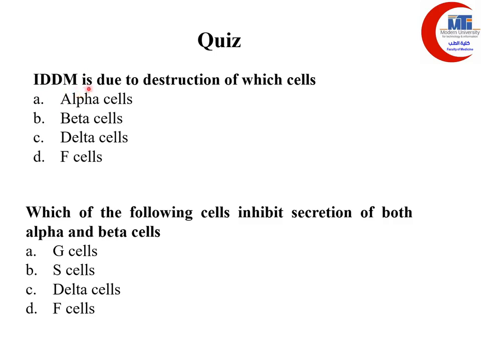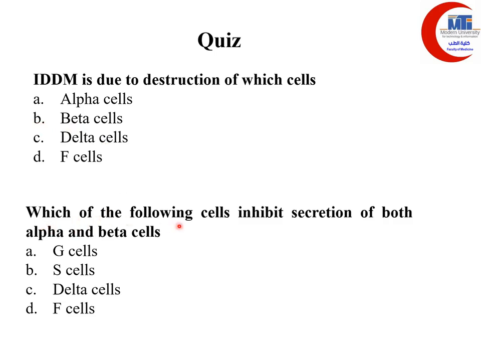These cells are called beta cells, which are the main cells in the islets of Langerhans of the pancreas. So there is a decrease or defect in insulin secretion in this type, so this type is treated by insulin injection. The right answer, letter B, beta cells.